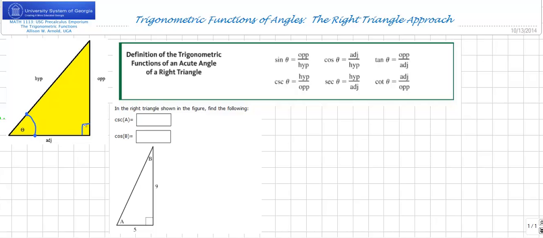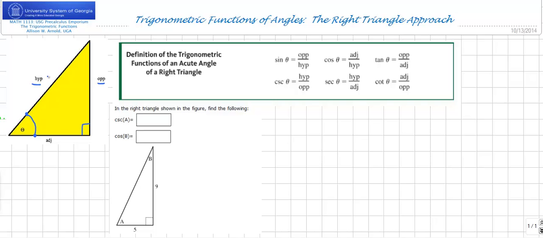When you look at the sides of a right triangle, you have a hypotenuse and two other sides, and there are 6 ratios that are unique. One side divided by another side is a ratio.